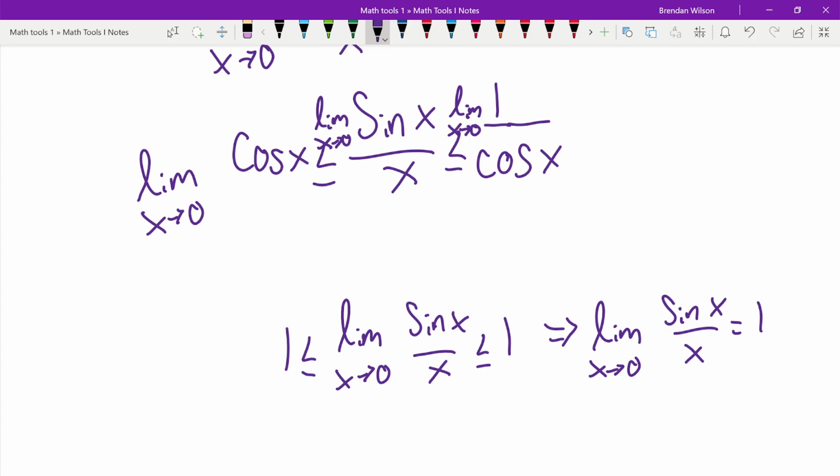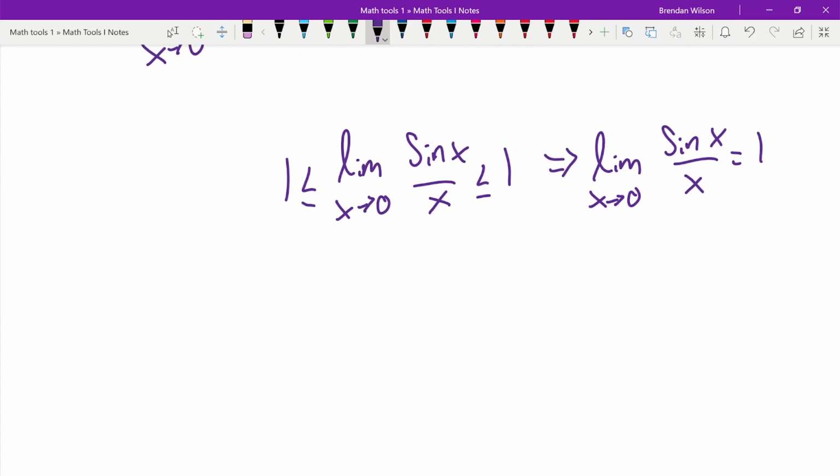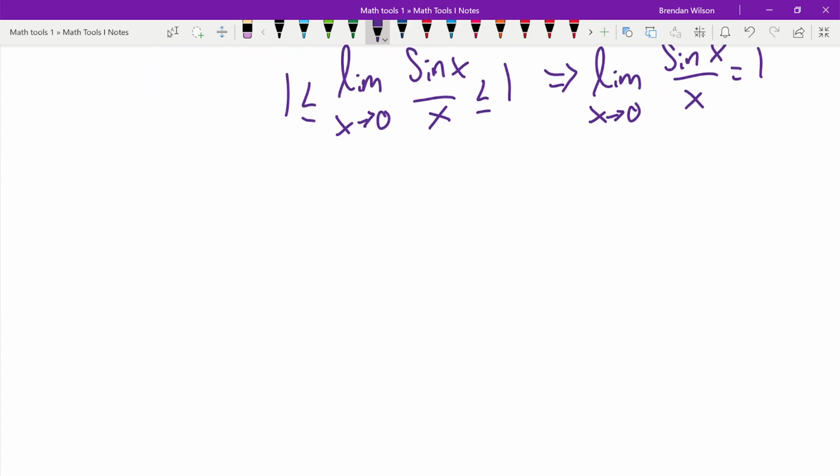Again, this is almost always used with trig functions because of these bounds. Sine of x over x is like the canonical example of this theorem, but let's go ahead and do one that is a little bit easier, where we can do without drawing triangles to prove it. The limit as x approaches 0 of x times cosine of x.